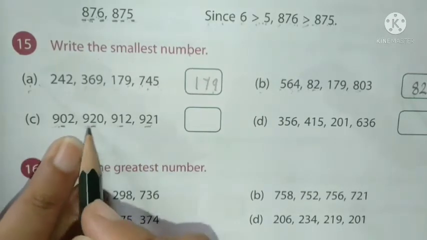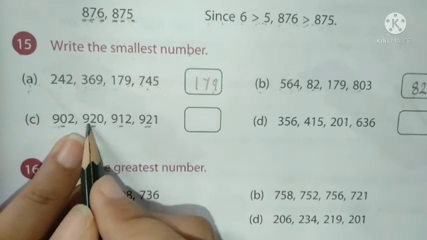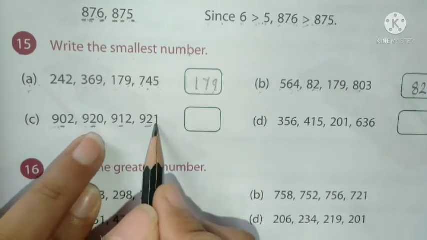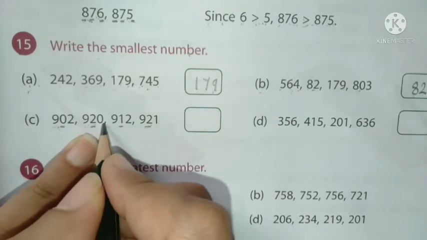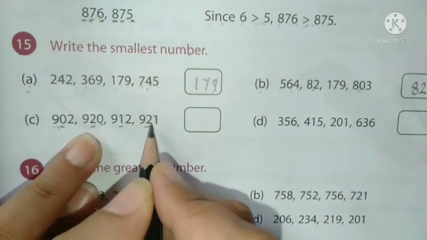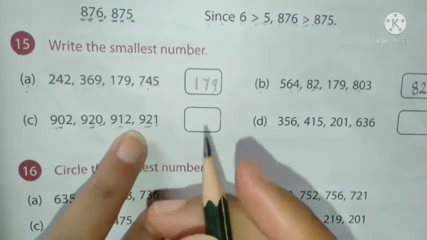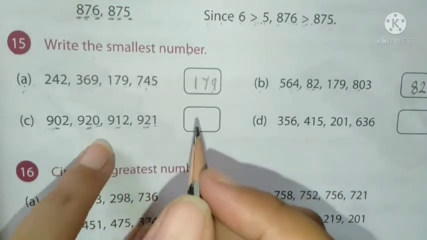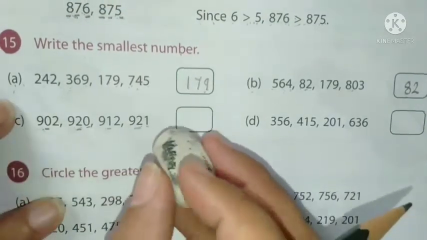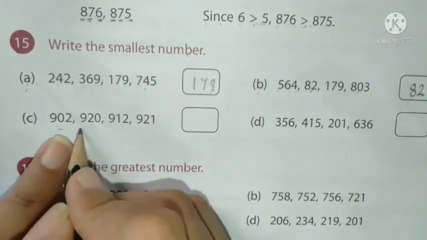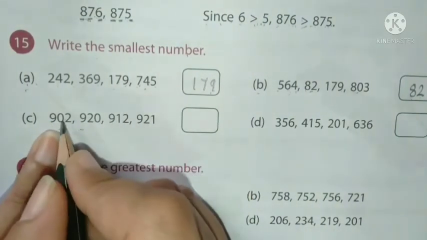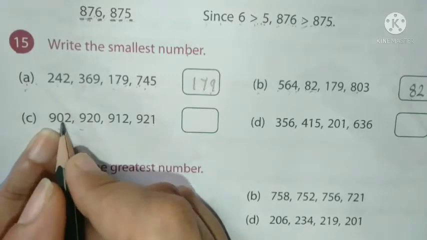So in these two numbers 920 and 921, the 9 and 2 are both the same. So we will see the ones place. Sorry students, here you have to find the smallest number. So tell me which is the smallest number here?